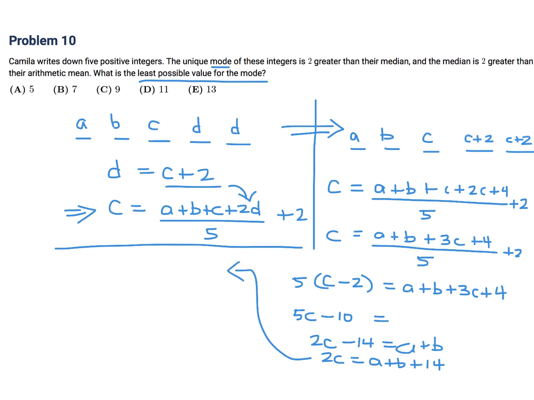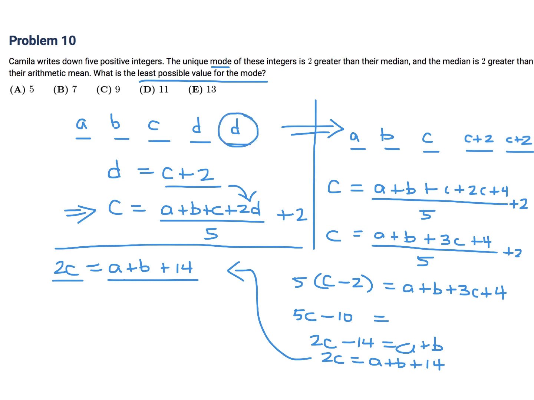Okay, well, from that equation, 2c is equal to a plus b plus 14. 2 times c, whatever c is, 2c is even, right? You're multiplying by 2. So that means this has to be even. And we want the least possible value for the mode, which I have represented as d.